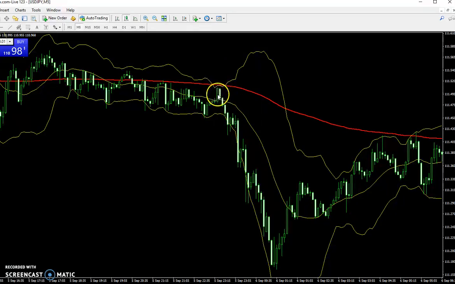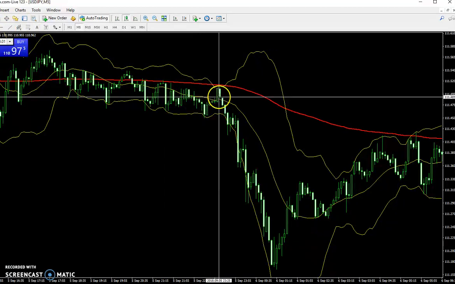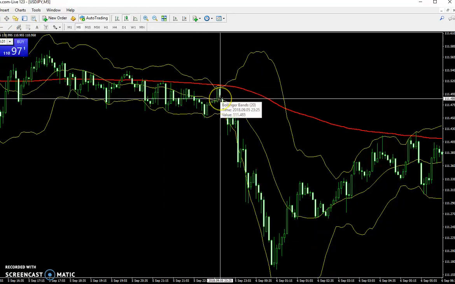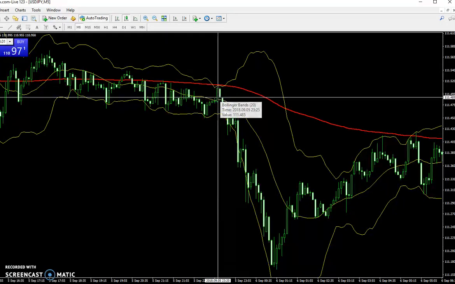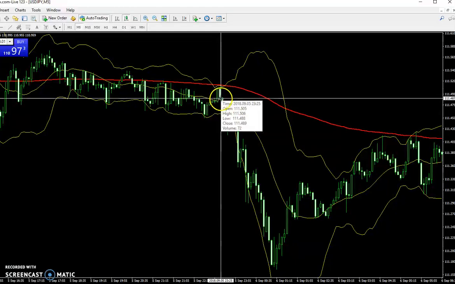You would trade short only if this bullish candle is followed by a bearish candle that closes at least halfway of the bullish candle, about here. So if you get a bearish candle after a bullish candle very close to the upper band, then you short here.